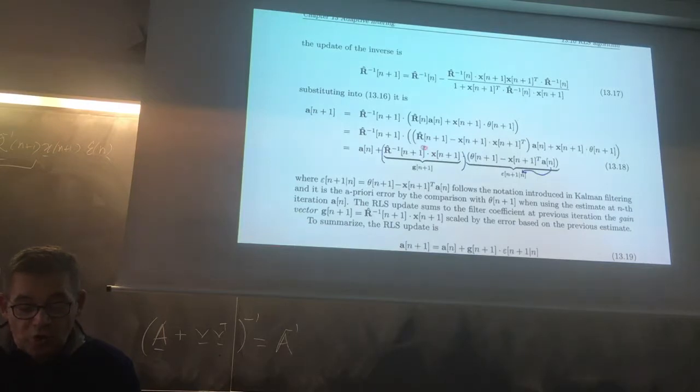If I call this term a vector g_n, this is called the filter gain, or update gain. So I can write the RLS update formula as the filter coefficients of the previous iteration, plus a gain multiplied by the error. Okay, that's another way to see the same formula.